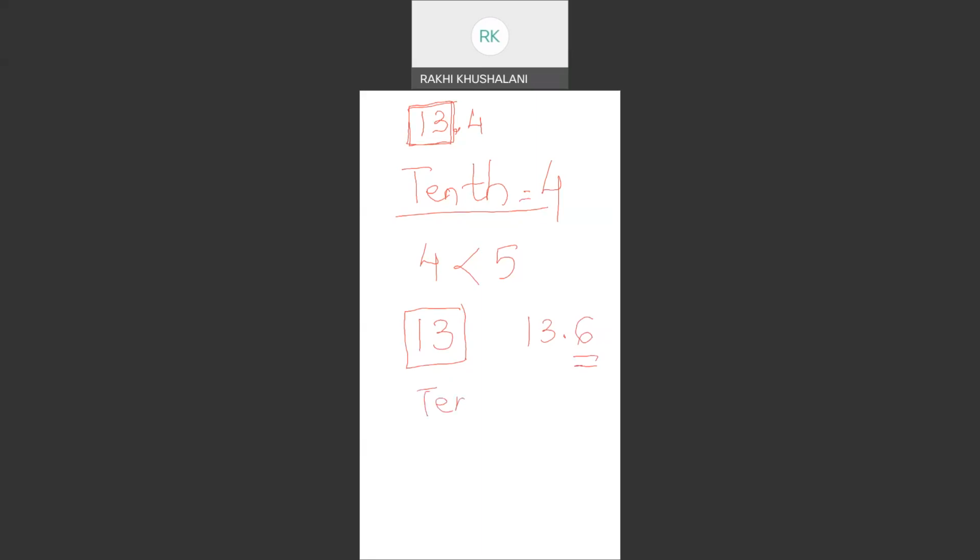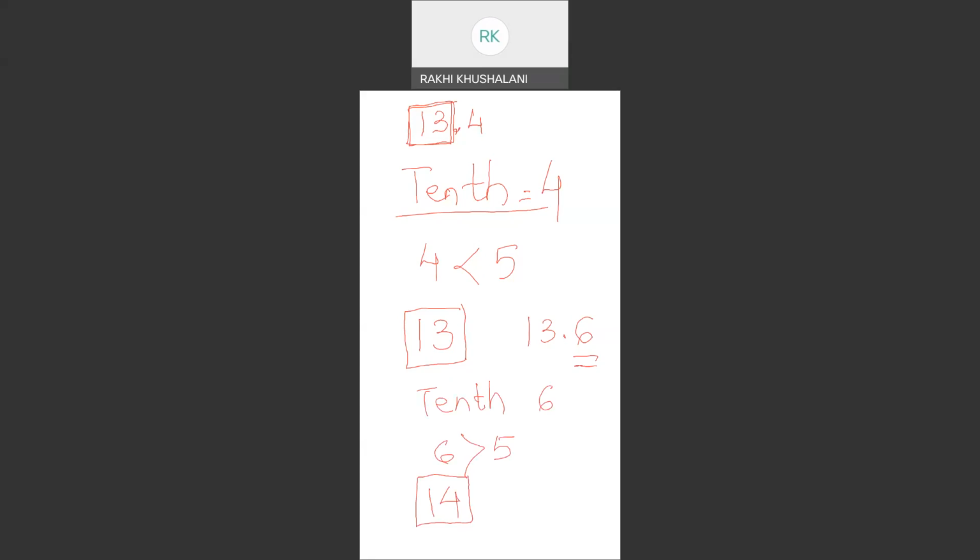What is the 10th value? It is 6. 6 is greater than 5. Now because 6 is greater than 5, so you will jump to the next whole number and it becomes 14. As simple as that.